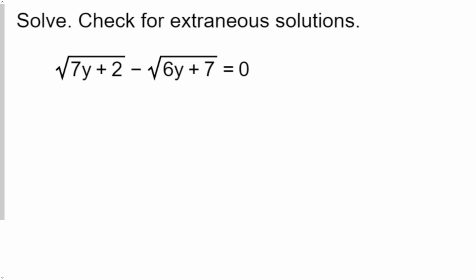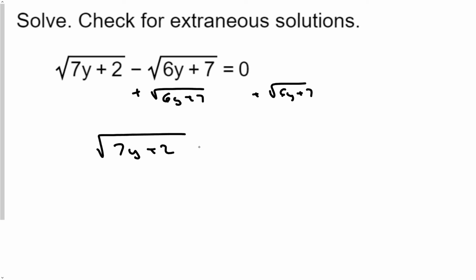Okay, so the first thing I want to do is get one of the radicals by itself on the left-hand side or the right-hand side, doesn't matter, as long as it's one radical on one side. So we're going to just add this radical to both sides to move it over. Okay, so I have the square root of 7y plus 2 is equal to the square root of 6y plus 7.